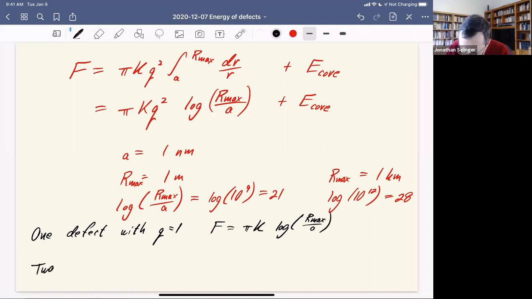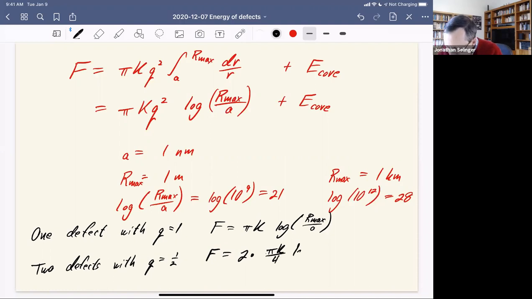Or if we have two defects with Q equals a half, then we get a free energy which is 2 times pi k over 4, times this log R max over a, plus E core plus 2 E core prime for a different kind of core.